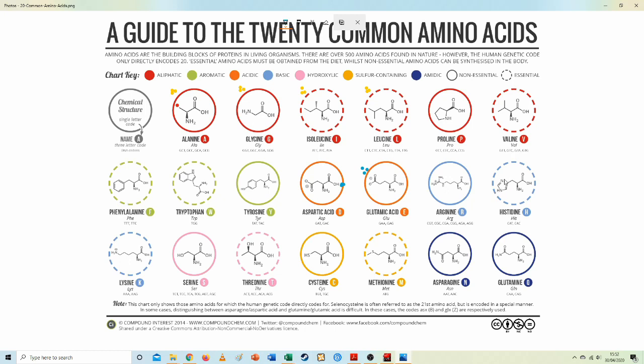This part of the molecule would be quite polar, and we're told that it's also basic, which means that it's associated with alkali environments, and it will produce alkali environments. The same can be said for arginine.